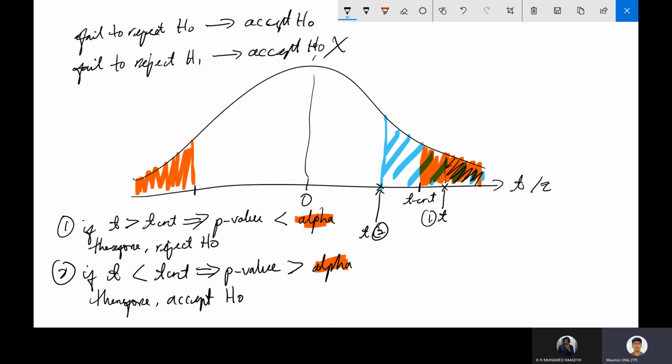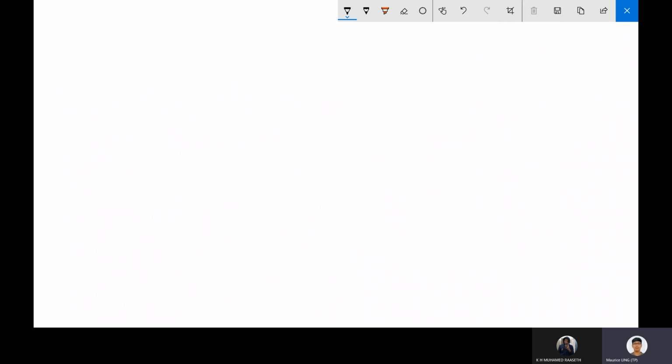It's much easier for you. If you reject null hypothesis, you automatically accept alternate hypothesis. So the easy way is to follow this style of writing.